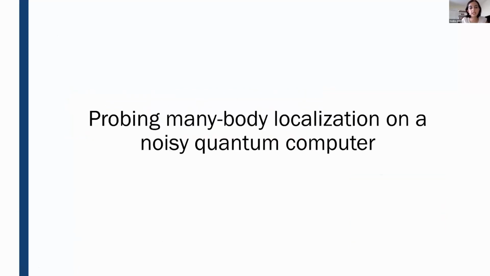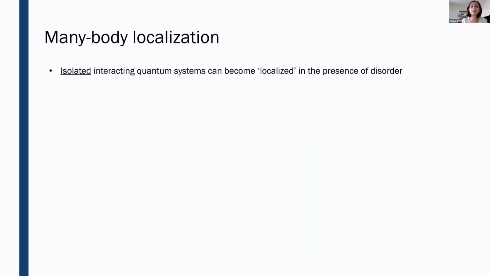So let's move on to the first example, probing this phenomenon called many-body localization on a noisy quantum computer. Now, I'm going to talk a little bit about physics, so if you don't understand, just feel free to stop me and I'll try to explain it in simpler terms. So what is many-body localization?